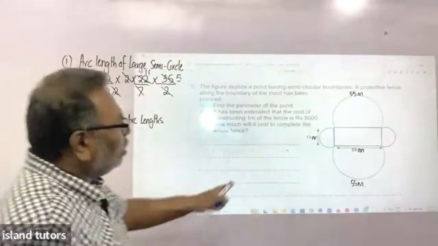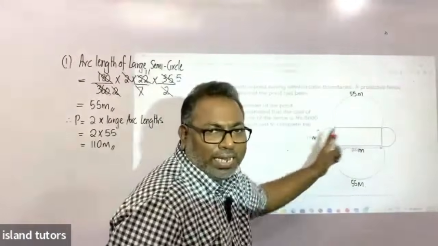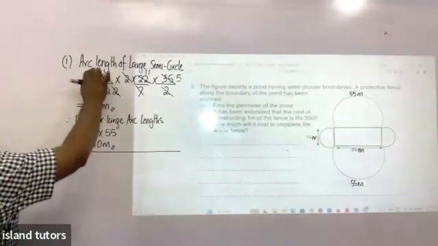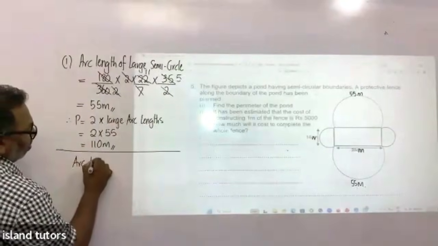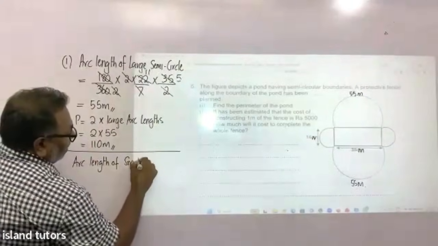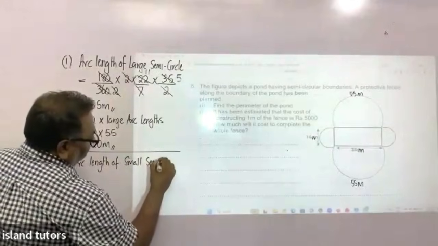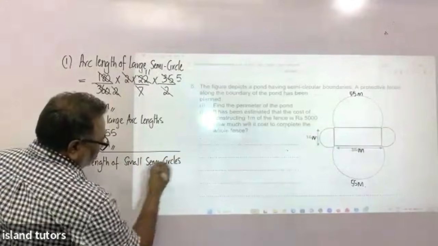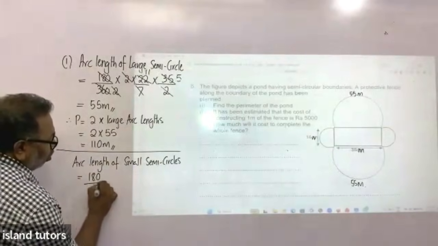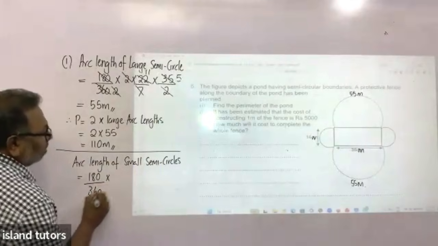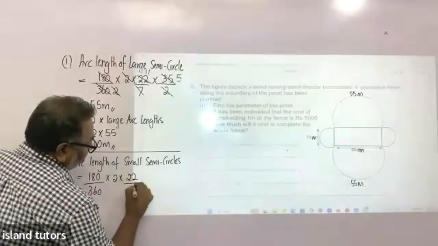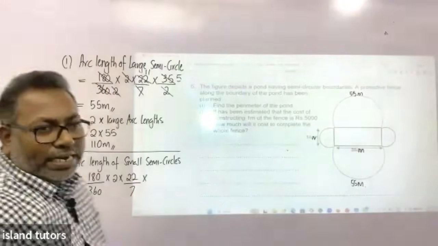Then what do you need to do? You need to find the arc length of the two small arc lengths. So I'm going to take that separately. Arc length of small semicircles: 180 over 360 into 2 into pi into your radius.